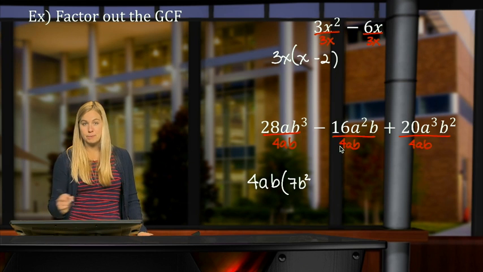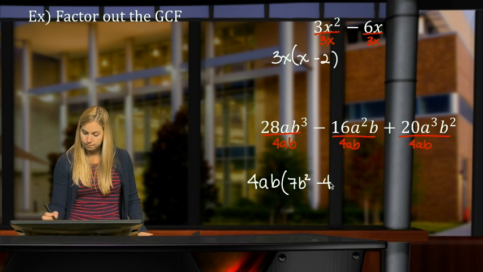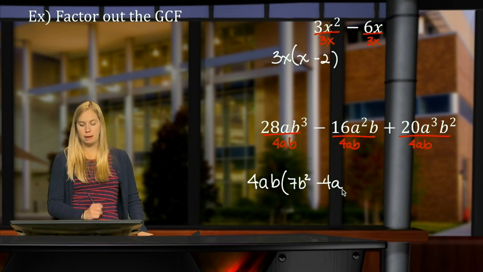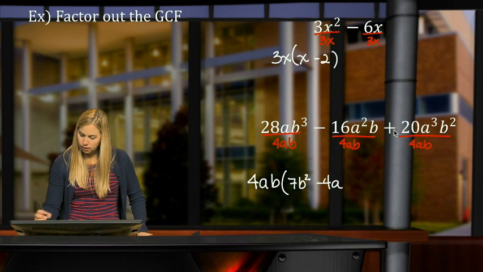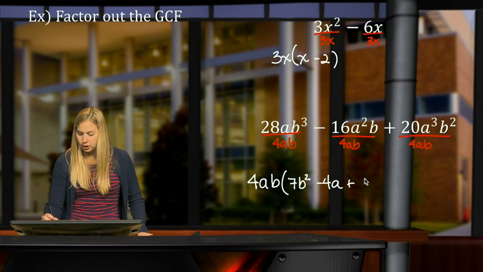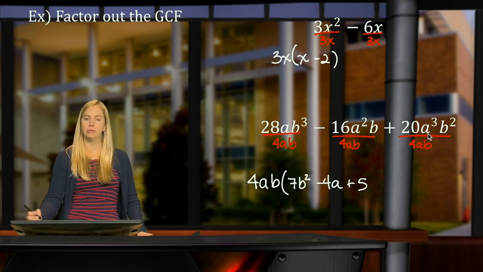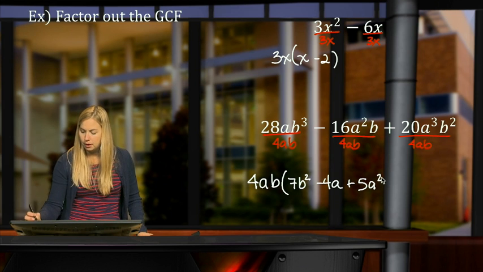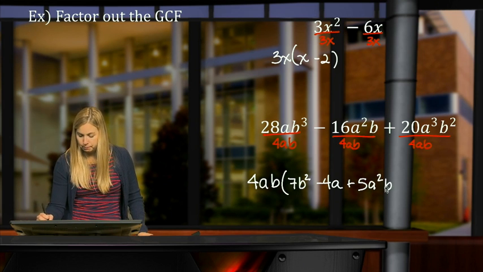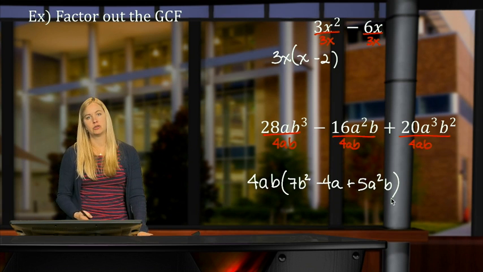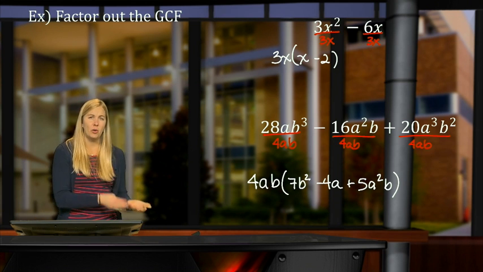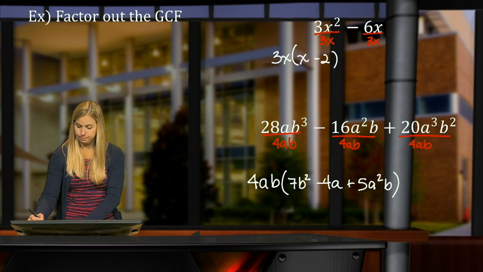Negative 16 divided by 4 is negative 4. A squared divided by a is a. B divided by b is 1. Plus 20 divided by 4 is 5. A cubed divided by a is a squared. B squared divided by b is b. That's all that factoring is. It's a process of dividing out a common factor.